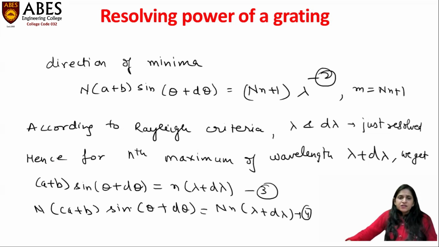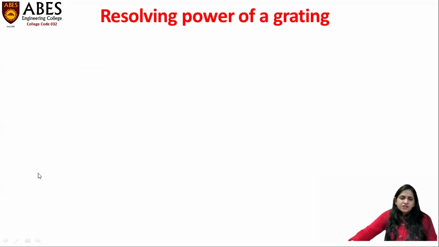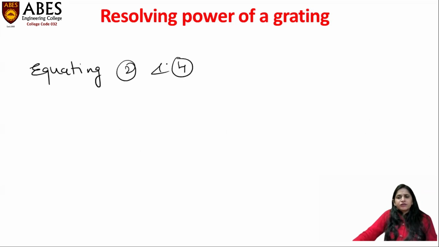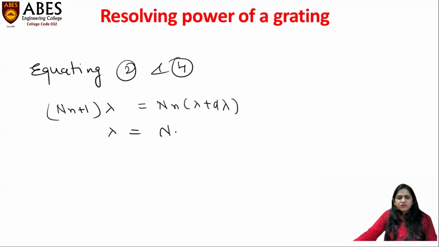So now we can see that we can equate equations 4 and 2. Equating 2 and 4, what do we get? n plus 1 times N lambda is equal to n N lambda plus d lambda, which gives lambda is equal to n N d lambda.